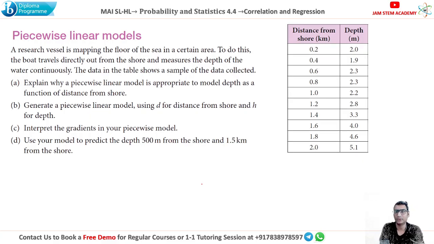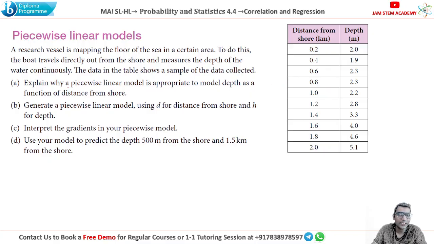So what to do in those cases? Let's consider this example. A research vessel is mapping the floor of the sea in a certain area. To do this, the boat travels directly out from the shore and measures the depth of the water continuously. Here the distance versus the depth is given to us in this table. Can we draw a scatter diagram? Yes, we can draw.